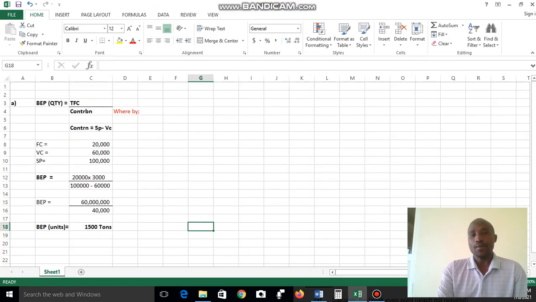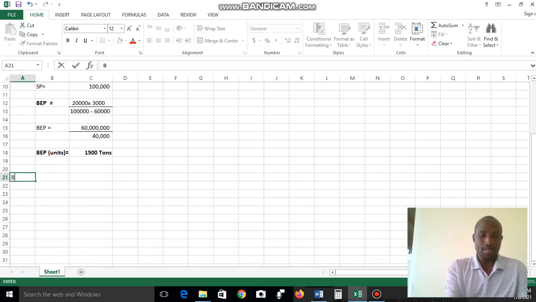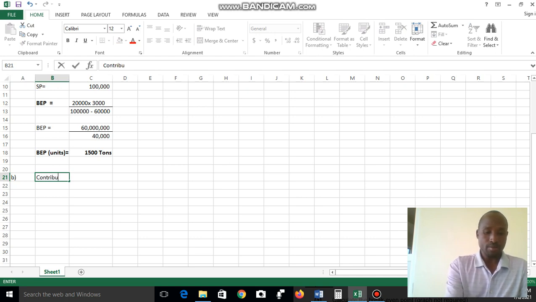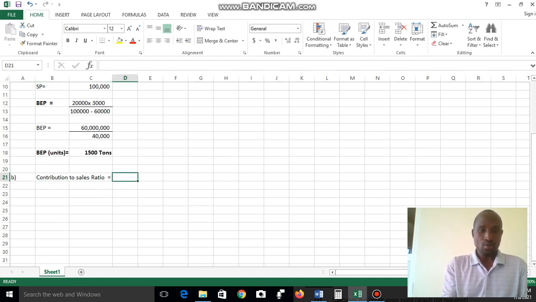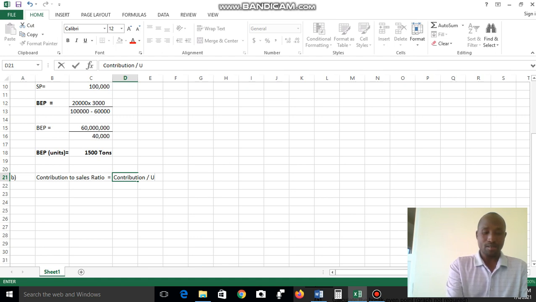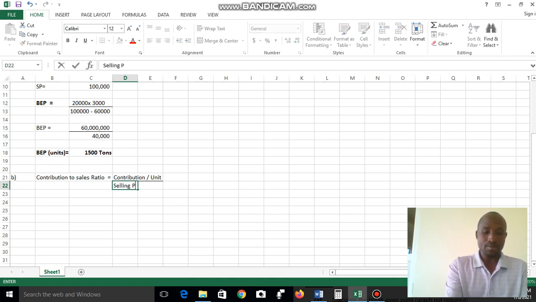When it comes to computation of the contribution to sales ratio, it will be equivalent to contribution per unit over selling price per unit.